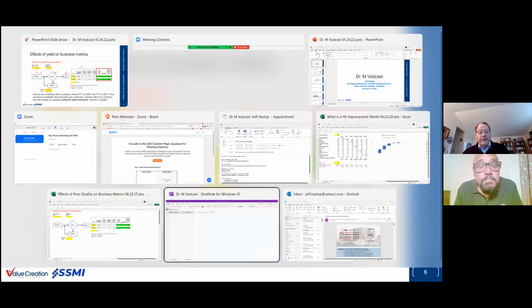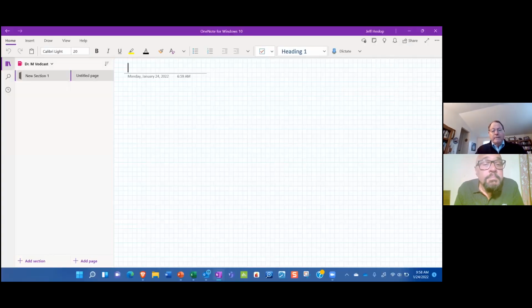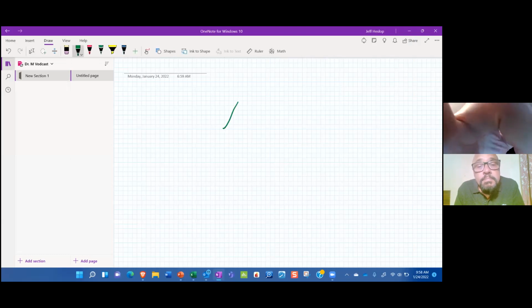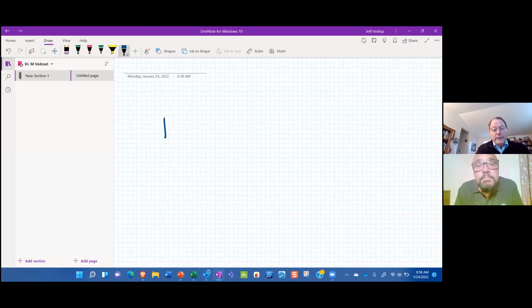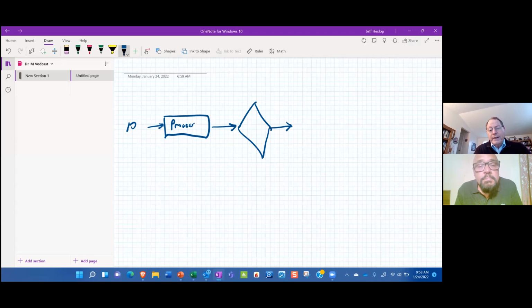I'll just sketch a little bit here on that. So let's say this is inspection here. I'm going to produce something. I'm going to inspect it. So I start 10 units. This is the processing. I start 10 units.